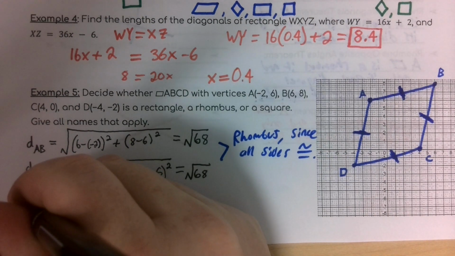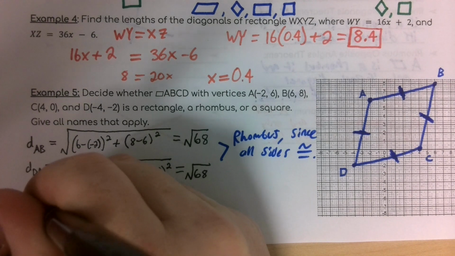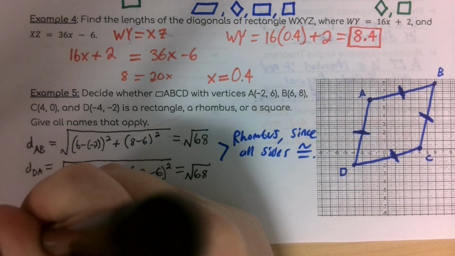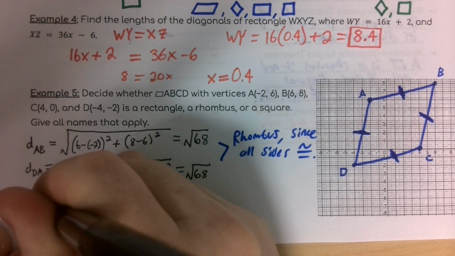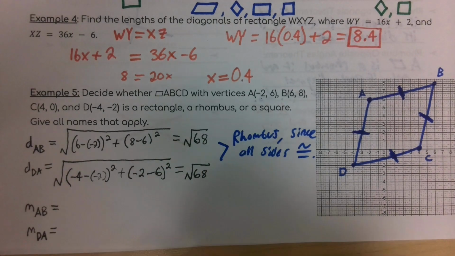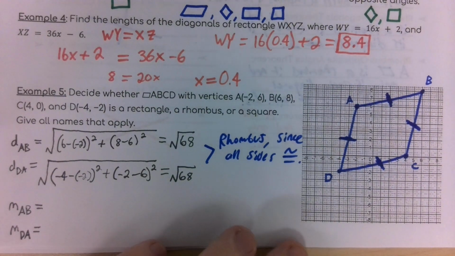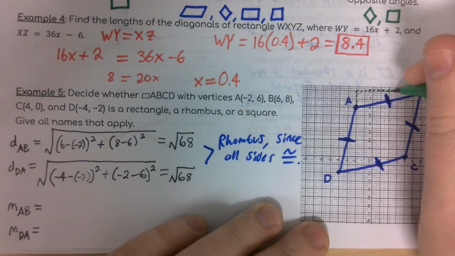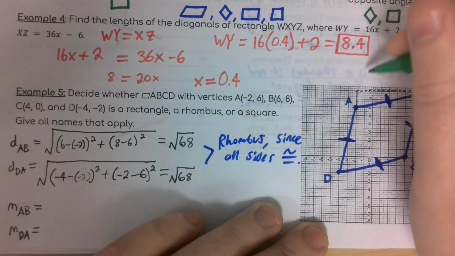Anytime we're dealing with parallel or perpendicular, what we're really dealing with is the slope of the lines. So let's find the slope of AB and the slope of DA. To go from A to B, I'm going to use my green marker here. We go up 2 over 8.